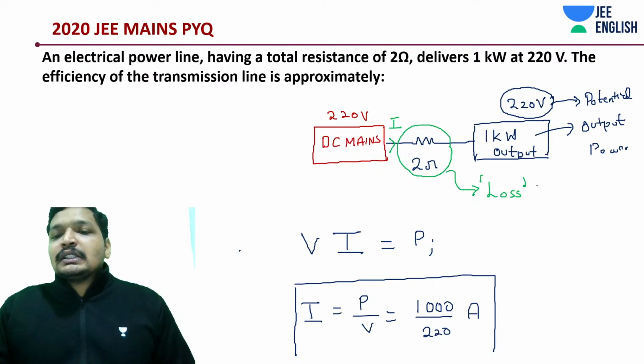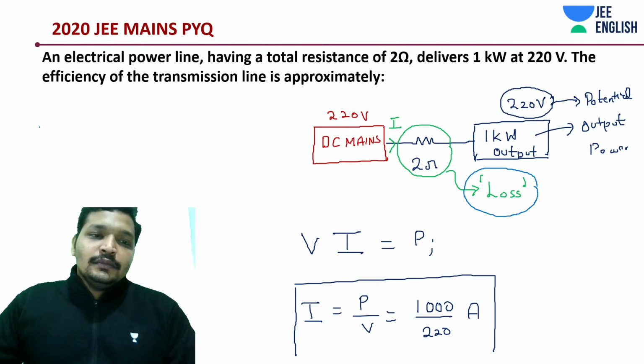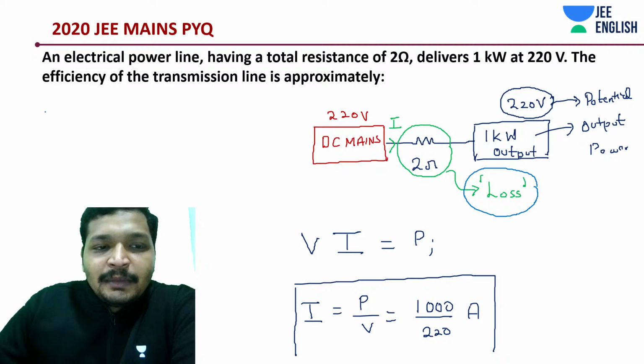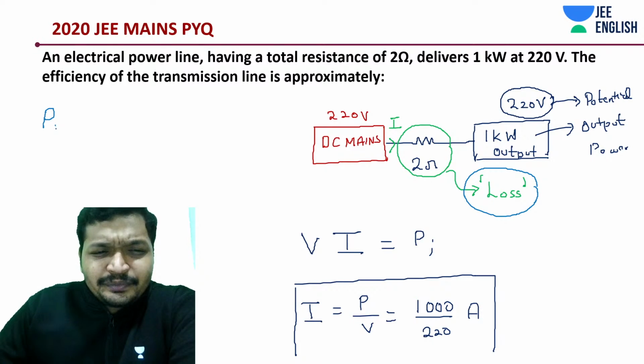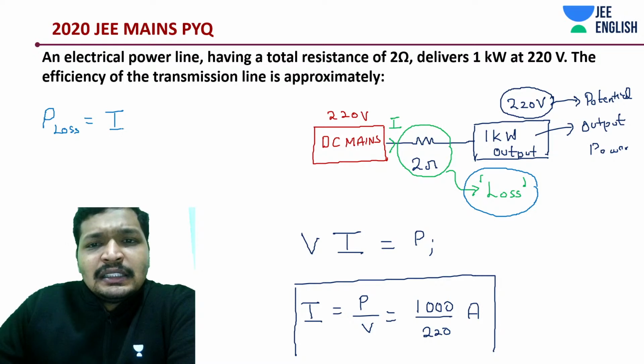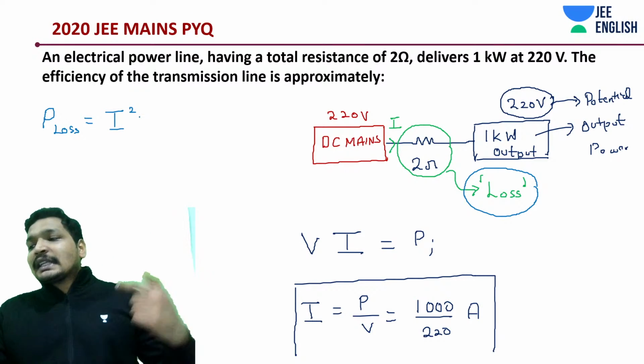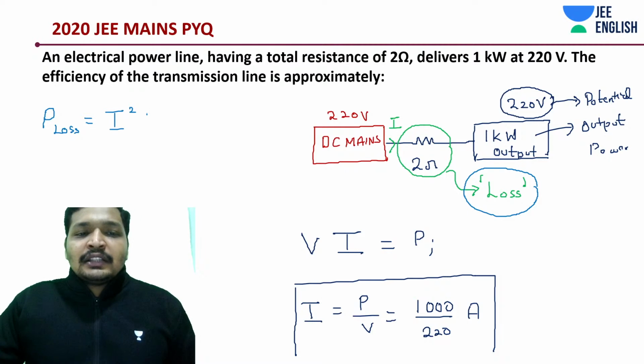What is this loss? This loss is nothing but power lost. How much? Some current and the transmission line's resistance, the power line's resistance, that is 2 ohms in this case.